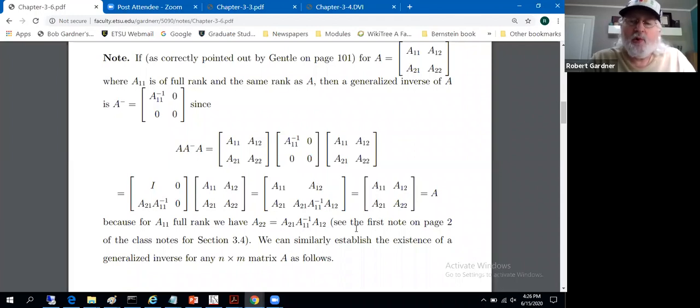Section 3.4, the second page of the notes, we had seen something to that effect. So given the rank of this upper left-hand part, this quantity must be A22. And so indeed, this matrix equals matrix A. So there's an example of a generalized inverse of matrix A.